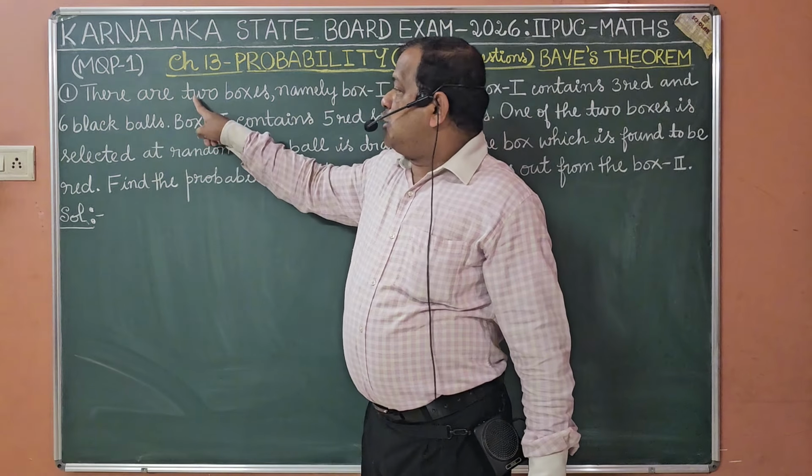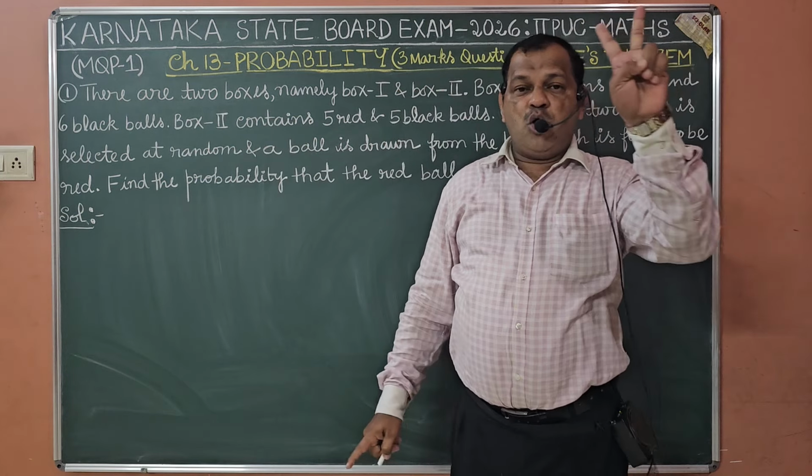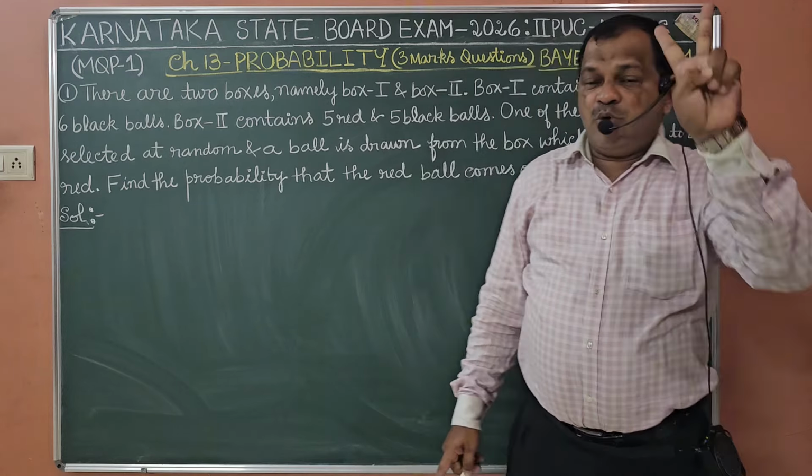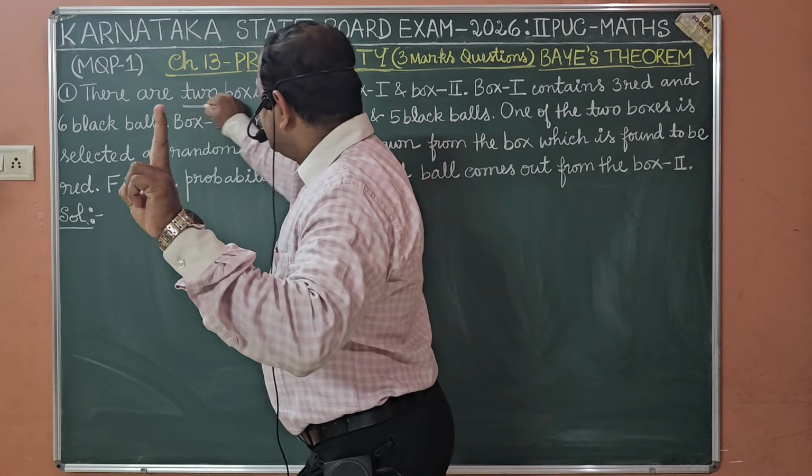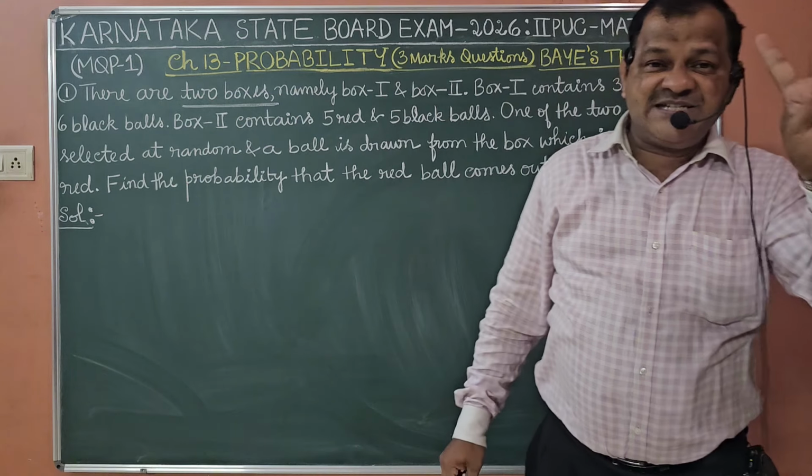There are 2 boxes. See, only 2 boxes. The moment you read these words, 2 boxes, you have to understand that there are only 2 events, E1 and E2. E1 is the event of selecting the first box.